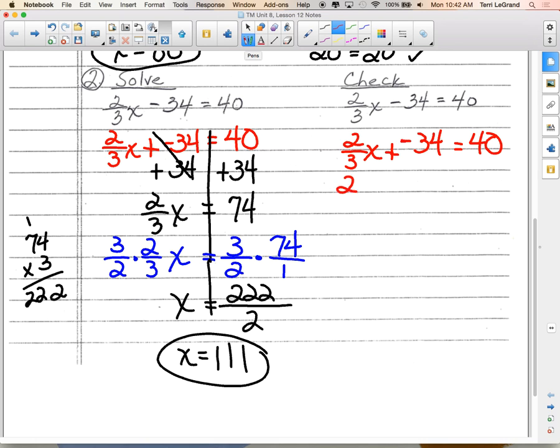Now we'll substitute in our solution of 111 and put it over 1, since it's going to get multiplied by a fraction. And you remember when we're checking, it's always a good idea to box what we substituted, because that means we're going to probably have to do something with that first before we move on. But we'll bring down the rest of the equation.